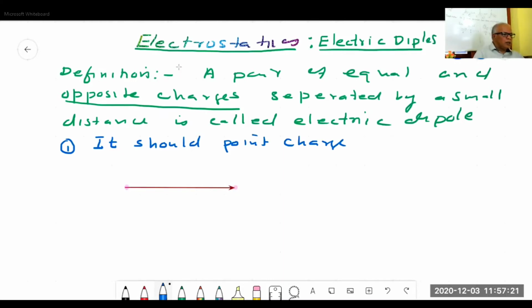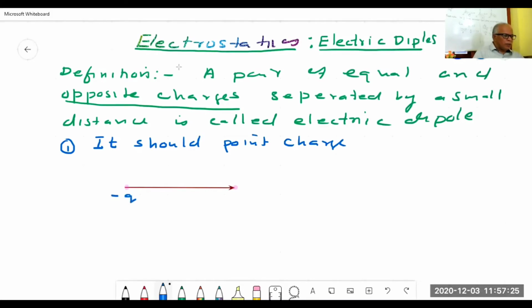That will be minus q and plus q. Two point charges. The separation is 2a or 2l. I'll put a direction here, and I'll explain the direction later.